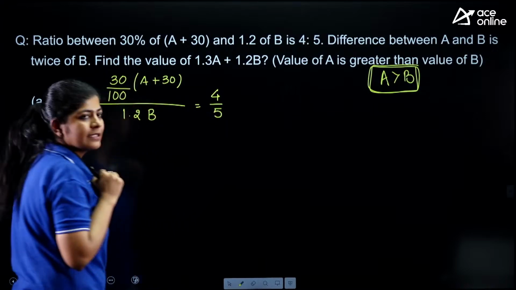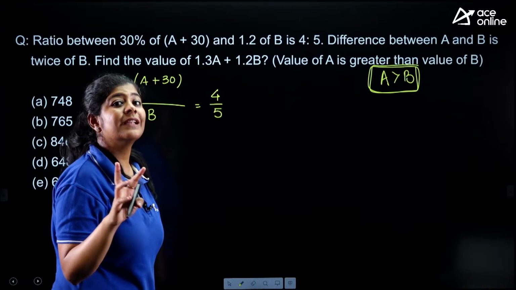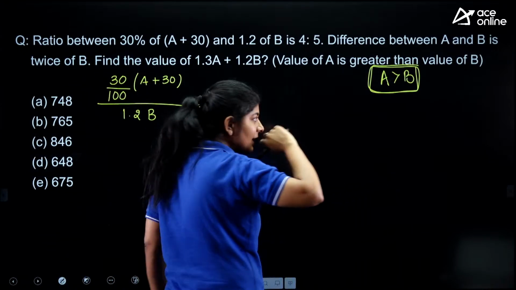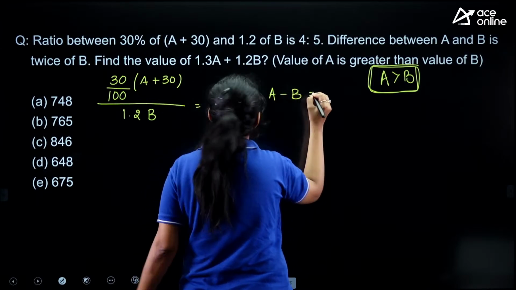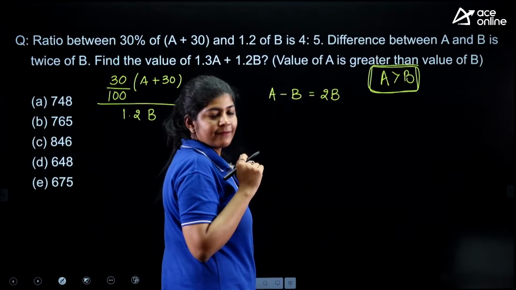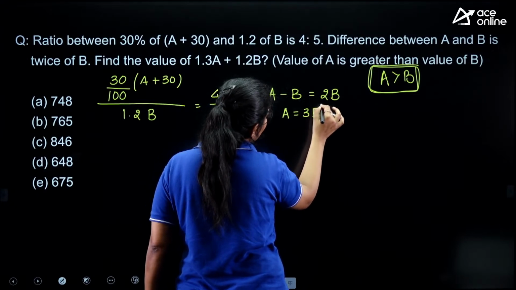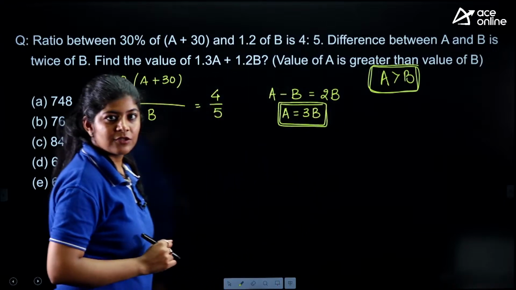I can write it in this manner, right? The question is also saying that the difference between A and B, and as it is given that A is greater than B, the difference between A and B is nothing but twice of B. So from this we can say that A is nothing but thrice of B, right? We can write it like this, A is nothing but thrice of B.